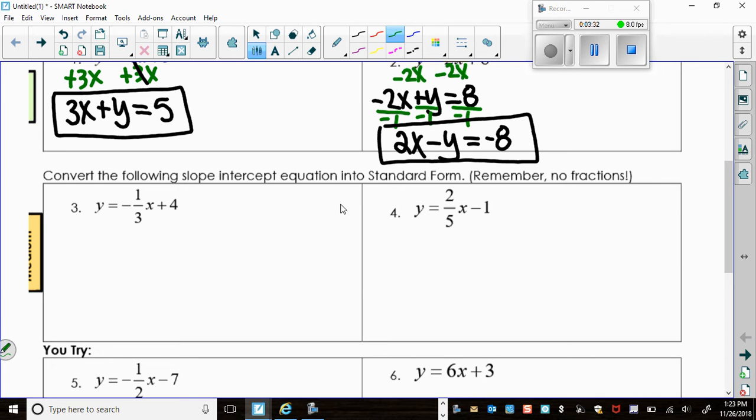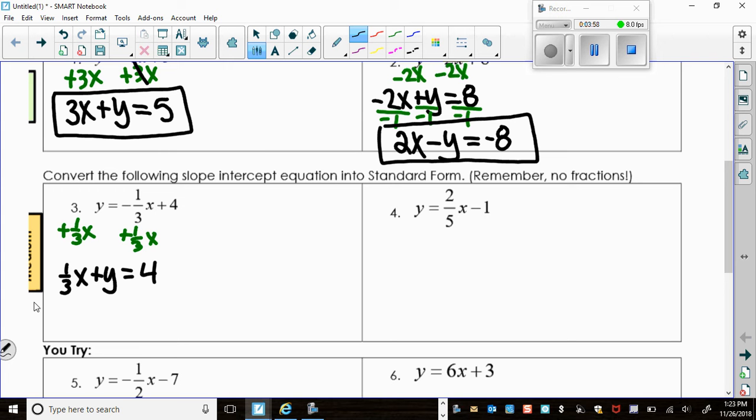In order to do that, I'm going to add 1/3 x to both sides. Notice what I'm going to write now. I push that 1/3 right in front of the y because x has to be the leading term, and then I can't have a fraction. That was one of the rules that I had at the top.